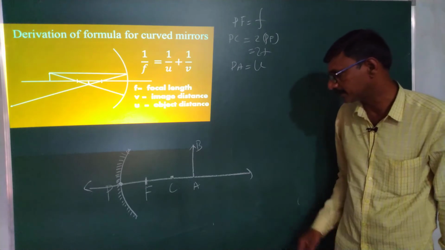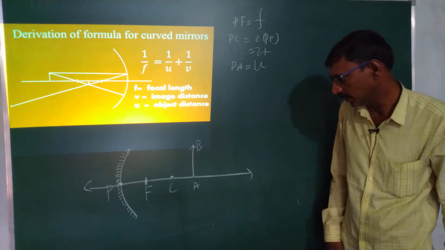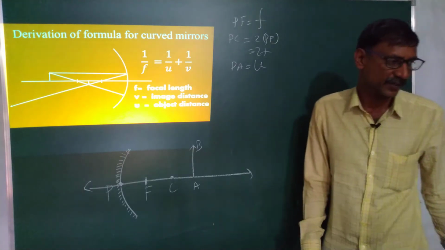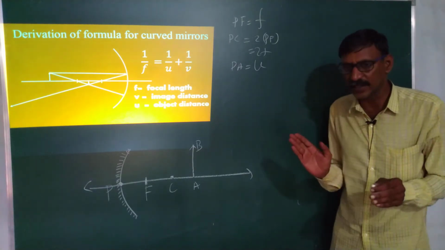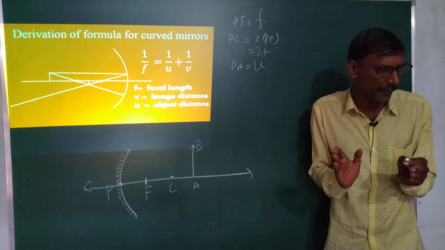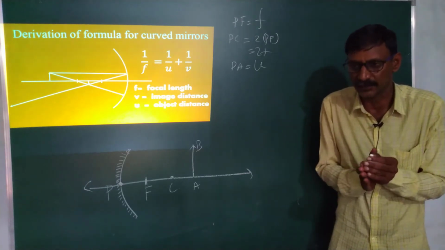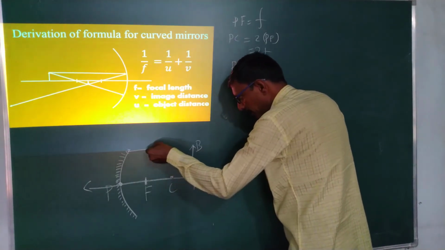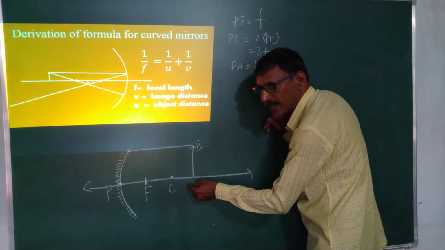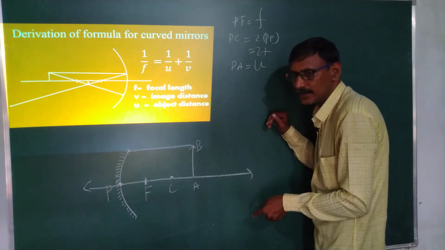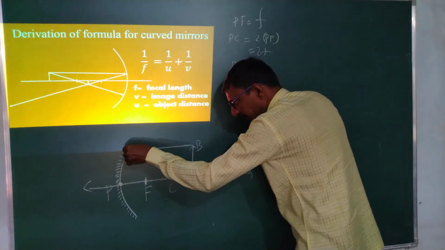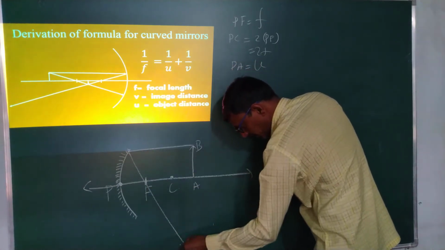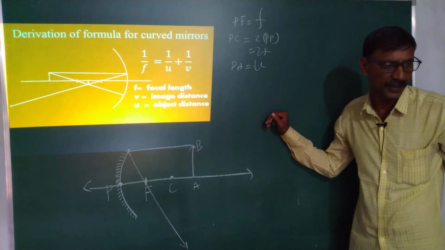Now coming to the image distance. We already discussed how images are formed by using ray diagrams. Suppose this is my parallel beam of light. It is parallel to the principal axis and bounces back at the curved mirror, passing through the focal point.